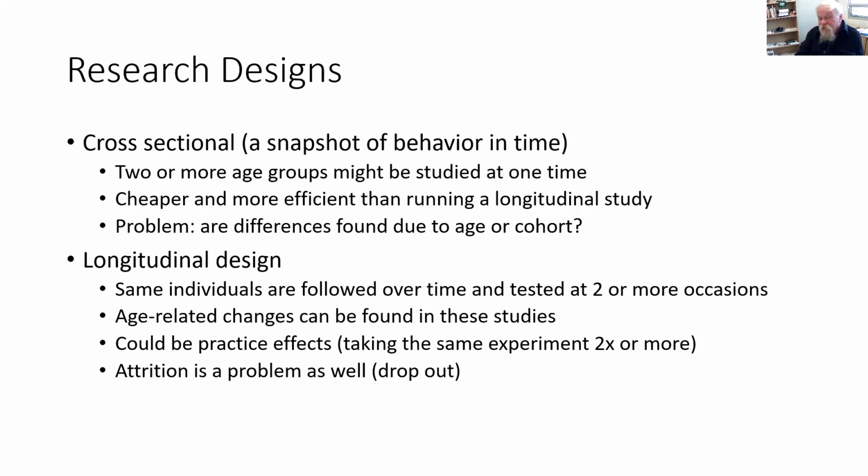Now, one problem that you'll see in cross-sectional research is, are the findings due to age differences or are the findings due to cohort differences? Also, you need to take into account time of measurement. If we measure everybody right now during the pandemic, I suppose all these age groups are affected by the pandemic problems that we have.